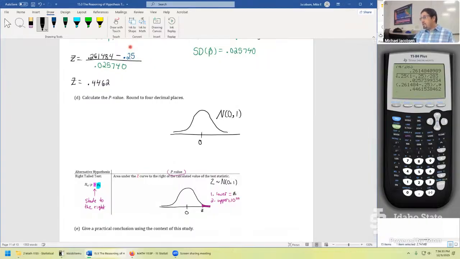So we can place zero here. Z is not too far away, so one standard deviation is there. Z is about here, 0.4462. We're shading to the right. Might as well use the same color.